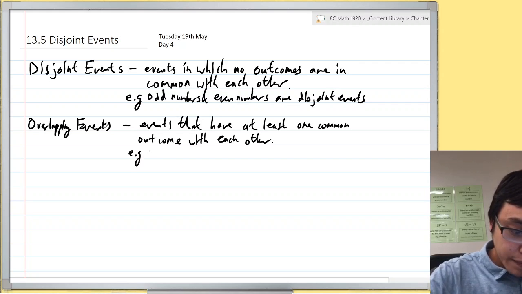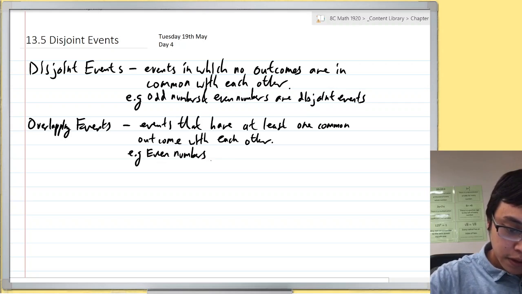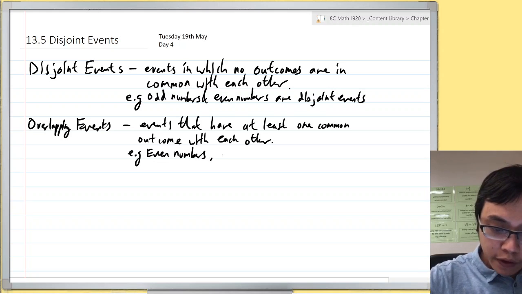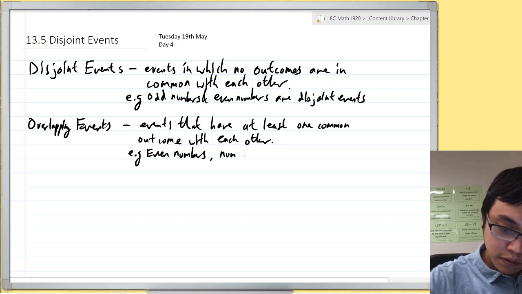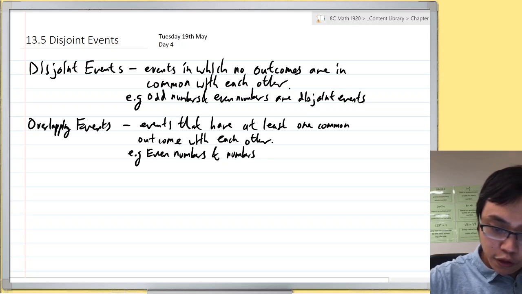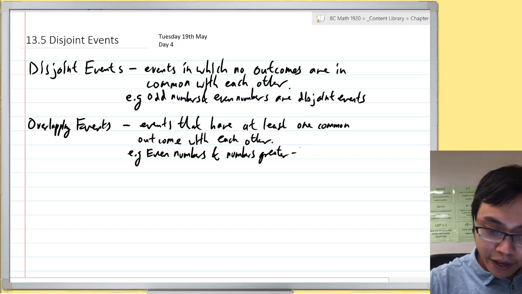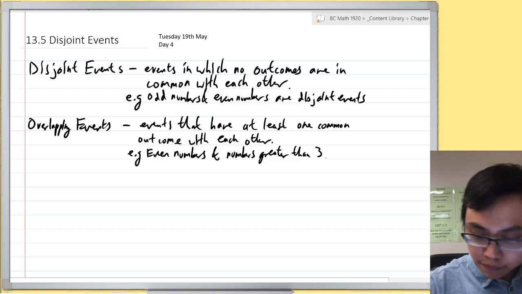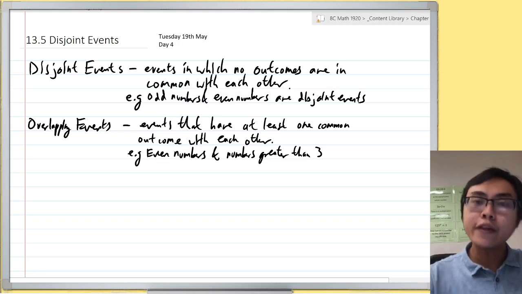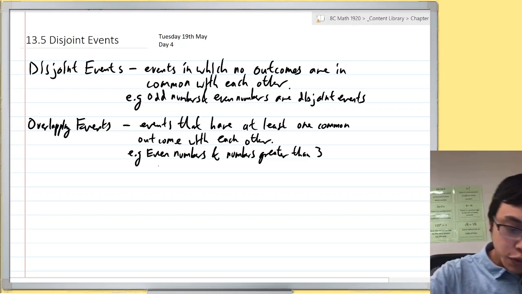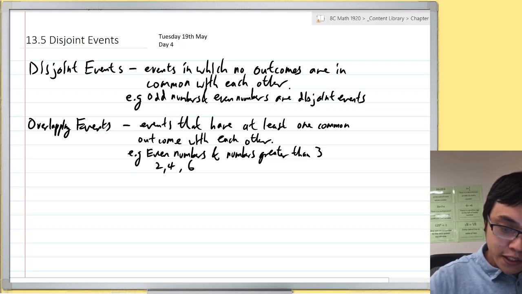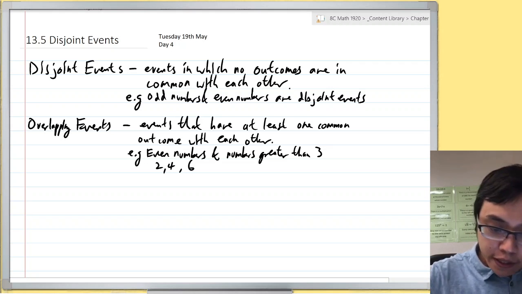So for example, with the number cube again, I can roll for even numbers, and another event can be numbers greater than 3. These are two different events, and they are overlapping because with even numbers we have 2, 4, and 6, and with numbers greater than 3, we have 4, 5, and 6.